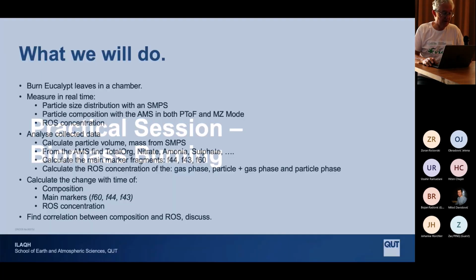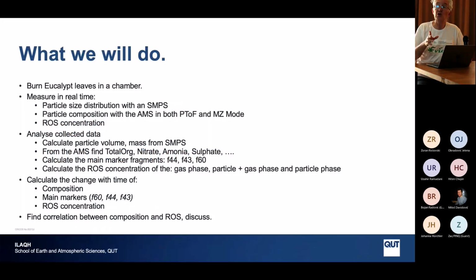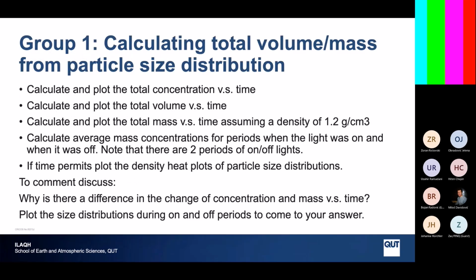So what you will be doing, we'll burn eucalypt leaves in a chamber, and we measure in real time the particle size distribution with the SMPS, the particle composition with the MS, and the RS concentration. And then you will calculate the particle volume. So one group will calculate the particle volume from the SMPS data and concentration with respect to time.